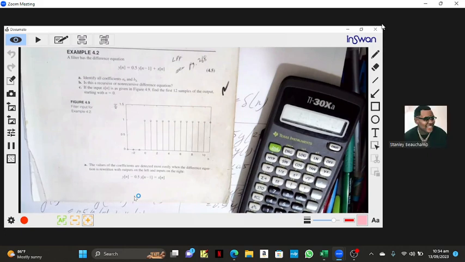You're talking about figure 4.9? Yes. And that's just a regular step, u of n. It's a step function. The input's a step function.